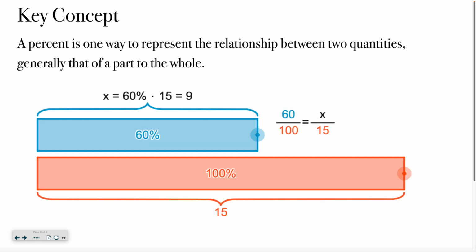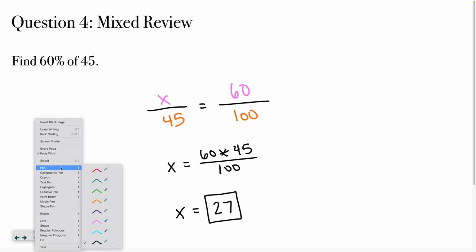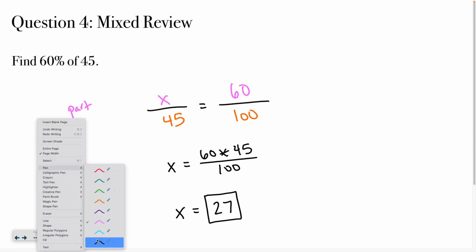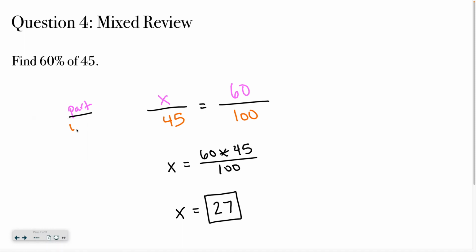Here is your key concept today. So a percent is one way to represent the relationship between two quantities, generally that of a part to the whole. So the part to the whole would be, if we were looking at this one again, our part is what we've been writing on the top of our fraction, and then the whole is what we've been writing on the bottom.